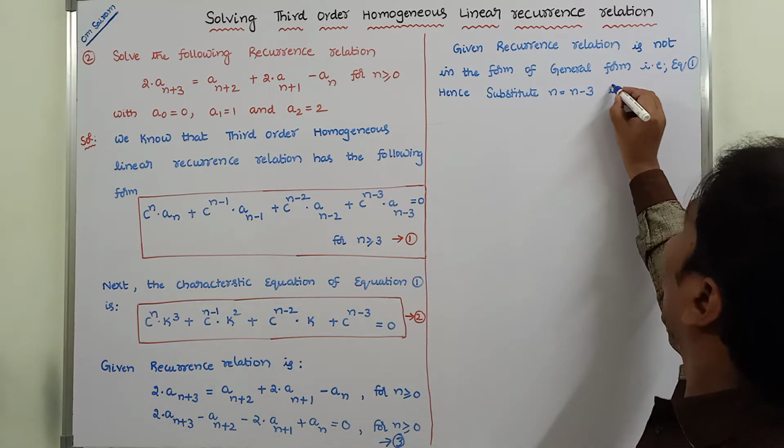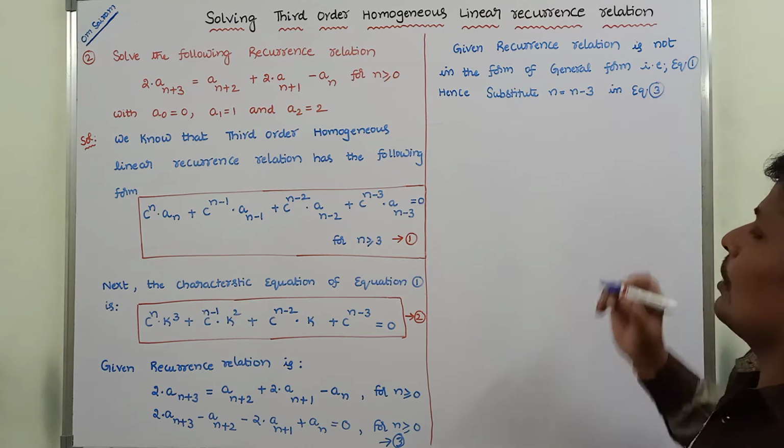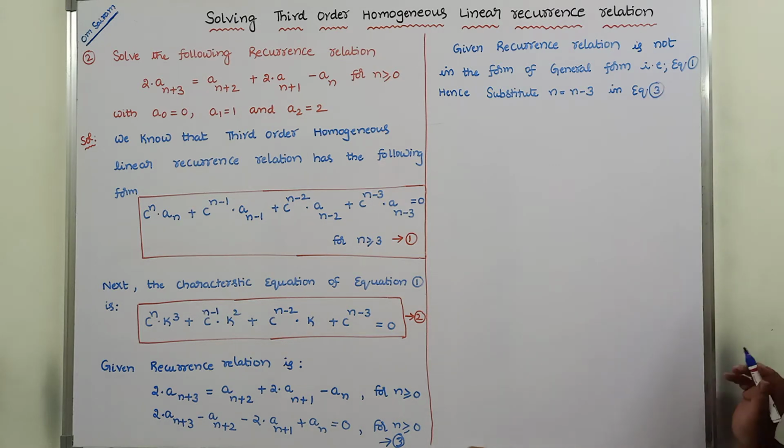In equation 3, n is equal to n minus 3 is substituted.